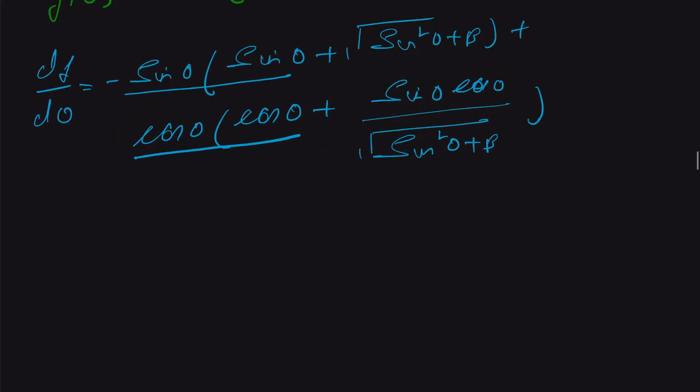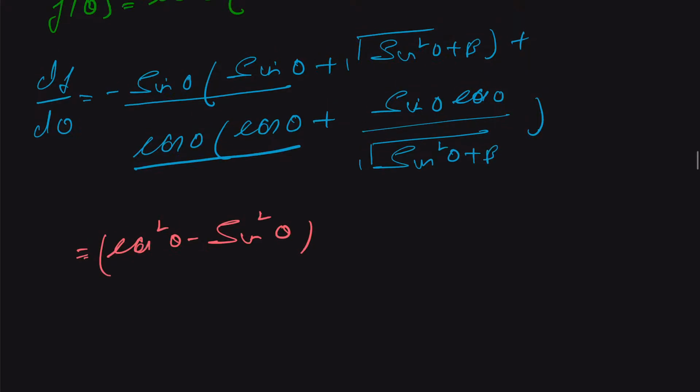So we get cos square θ minus sine square θ, and we multiply it by the denominator, sine square θ plus β, and so this comes over the square root of sine square θ plus β.